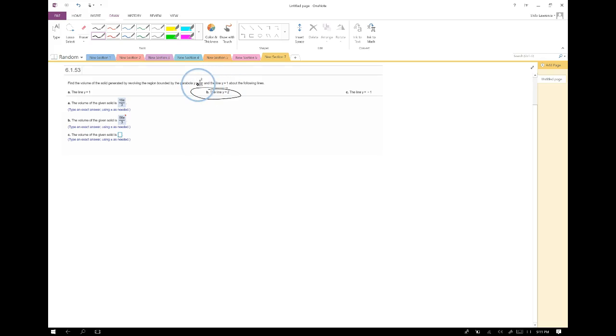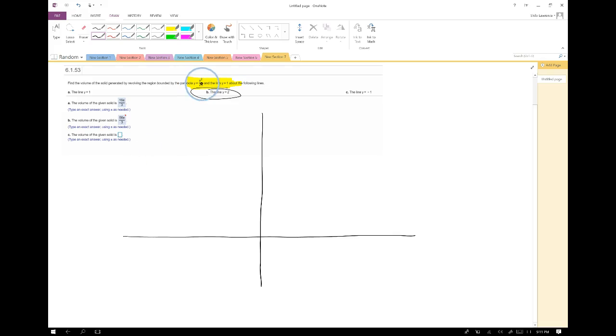So the very first thing you should do is draw the two-dimensional region that's enclosed by those two graphs. y equals x squared over 25 is a really wide parabola.